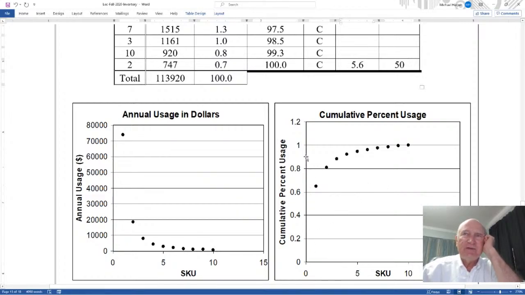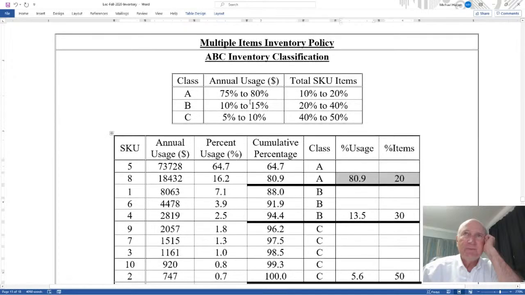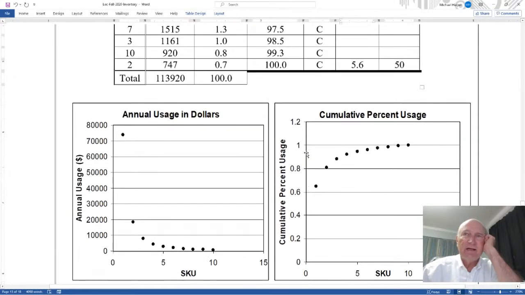The next 10 to 15%, to 90 to 95%, is like 3 items. And the last 5% is maybe 5 items. So when you have 200 thousand of these things, this is more of a continuous curve. And it's easy to identify your A items, B items, and C items.